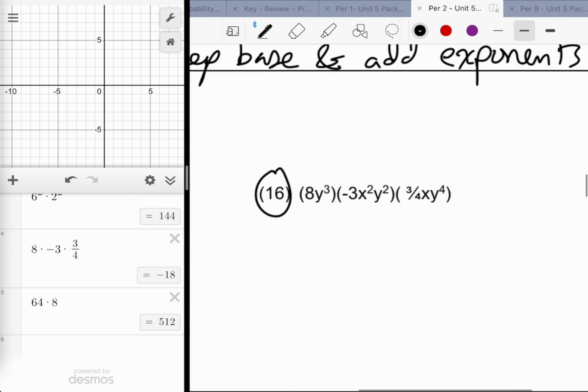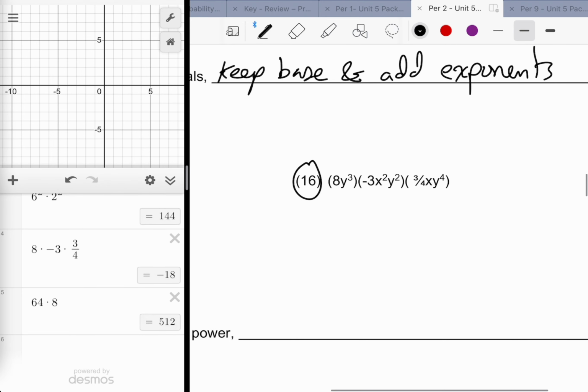So keep the base, add the exponents, but it's like, all right, well, which exponents get added? All right, what I like to do as a strategy is first deal with the coefficients. If there are any exponents outside the parentheses, I'd handle those too, but that's not the case here. So I can jump right into multiplying the 8 by negative 3 by 3/4. 8 times negative 3 is negative 24.